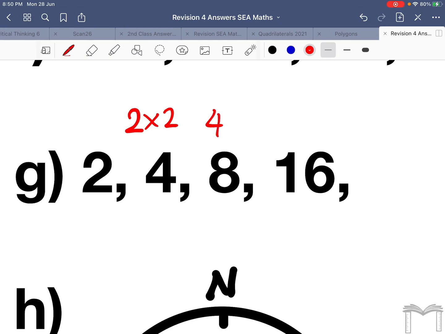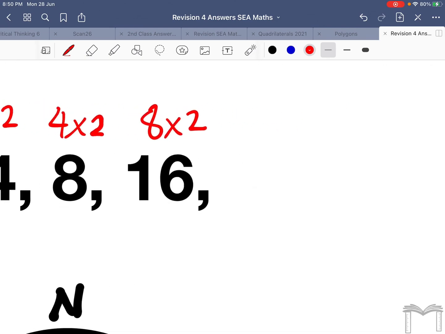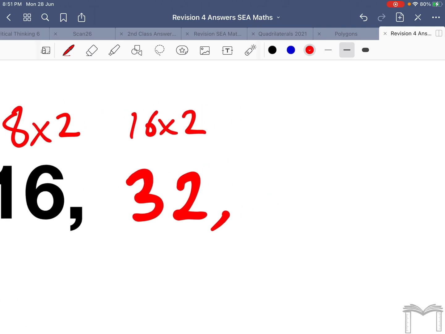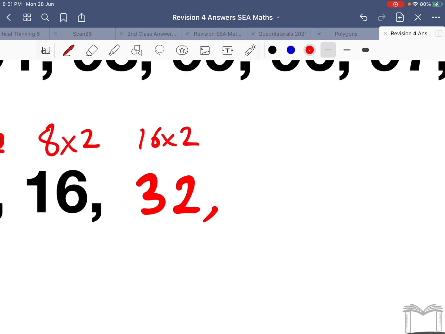Now 4 times 2 will give you 8, and 8 times 2 is 16. So the next one will be 16 times 2 will give you 32, and then 32 times 2 will give you 64.